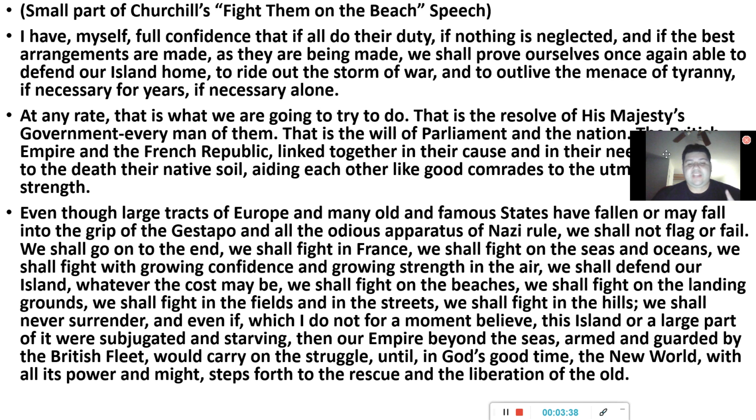And even if, which I do not for a moment believe, this island, or a large part of it, were subjugated and starving, then our empire beyond the seas, armed and guarded by the British fleet, would carry on the struggle until in God's good time the new world, with all its power and might, steps forth to the rescue and the liberation of the old.